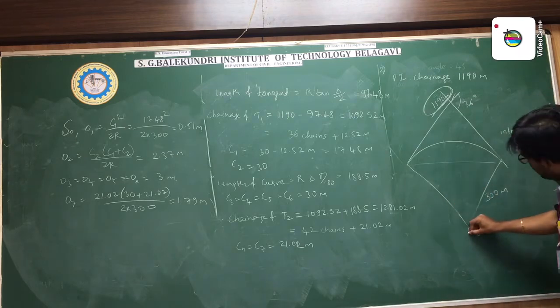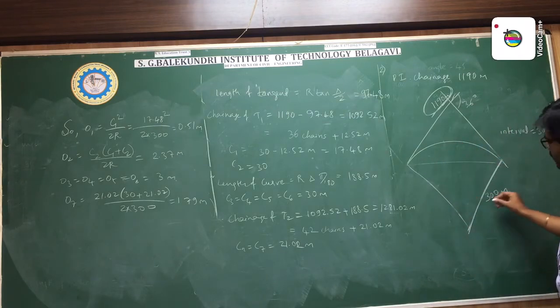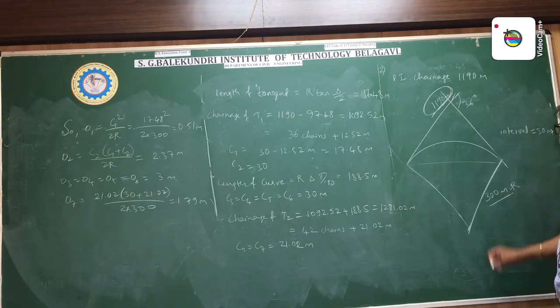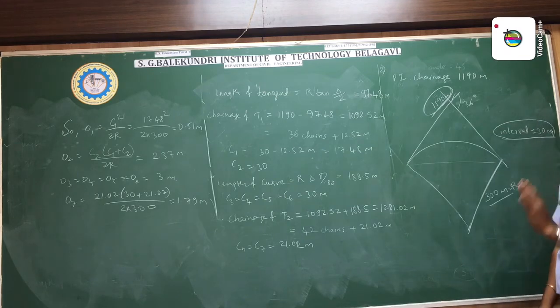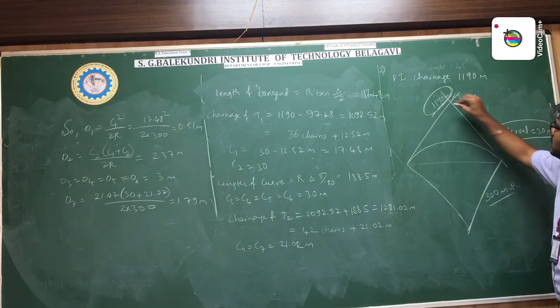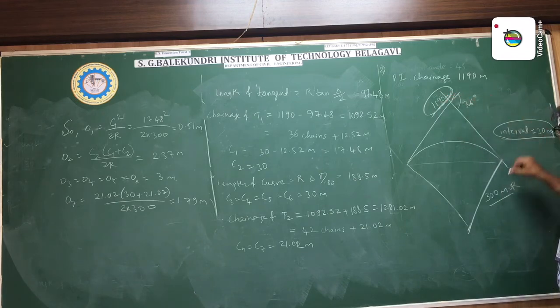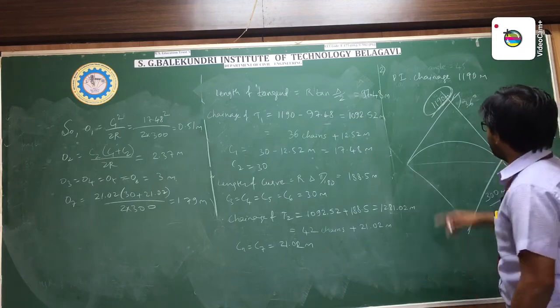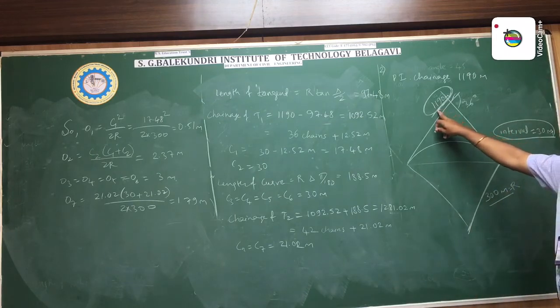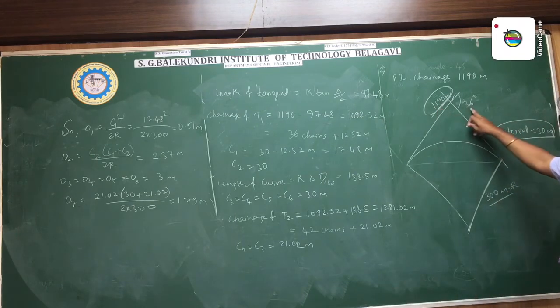A simple curve is formed with a radius of 300 meters and 30 meter chord intervals. By knowing these four given things, I have to form a simple curve.